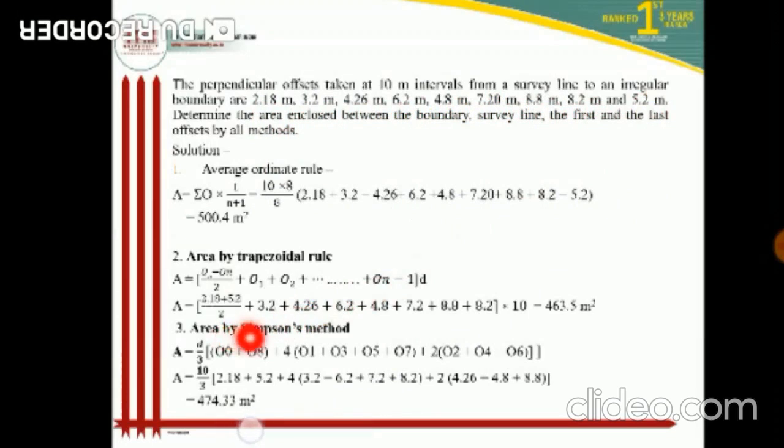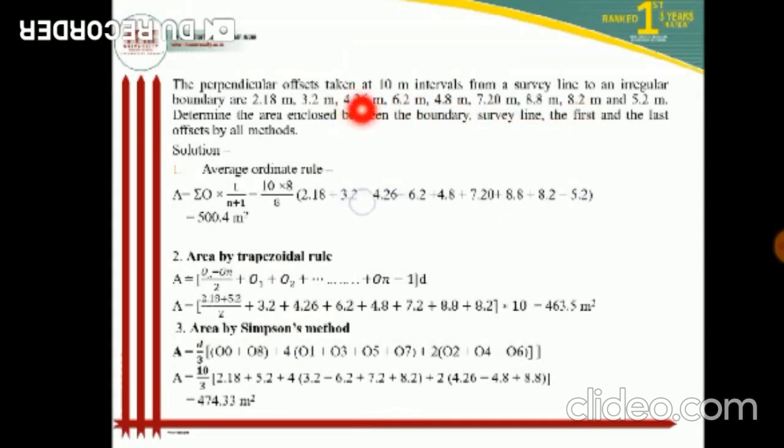First offset plus last offset. So the first offset is 2.18 and the last offset is 5.2, plus 4 into odd. So odd is first, third, fifth and 7th, plus 2 into even.